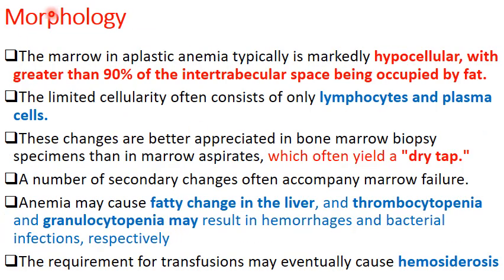Morphology. What will the bone marrow or the peripheral blood film show in aplastic anemia?